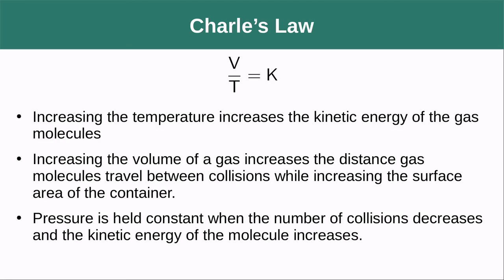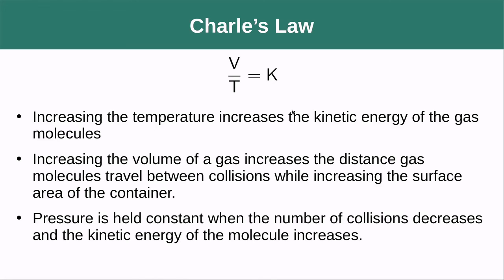With Charles's law, we know that volume and temperature have a direct relationship. So increasing the temperature increases the kinetic energy of the gas molecules. Increasing the volume of the gas increases the distance gas molecules travel between collisions while increasing the surface area of the container. Pressure is held constant when the number of collisions decreases and the kinetic energy of the molecules increases.